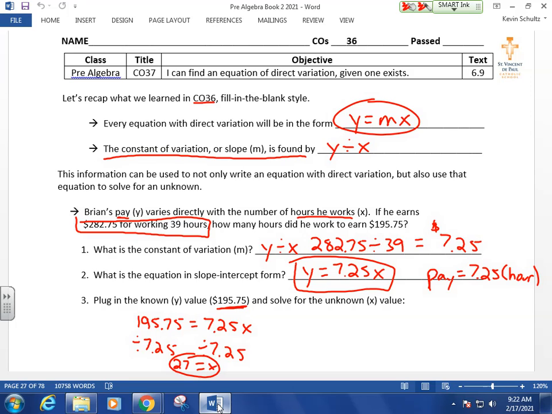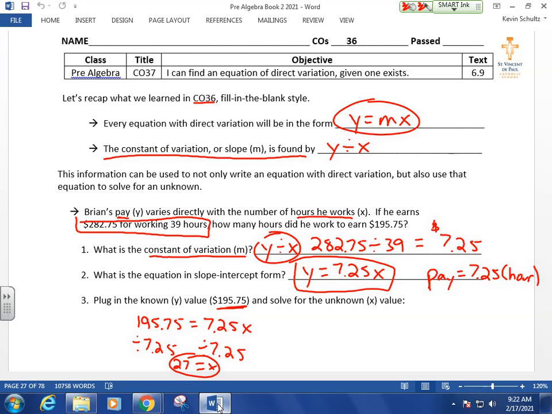So, to recap this, because the rest of the ones on this page don't have these prompts that this first one does. Okay? What we did first was we found that constant of variation, that slope, by taking y divided by x. That was our first step. And we knew we could do that because of this phrase, Brian's pay varies directly with.